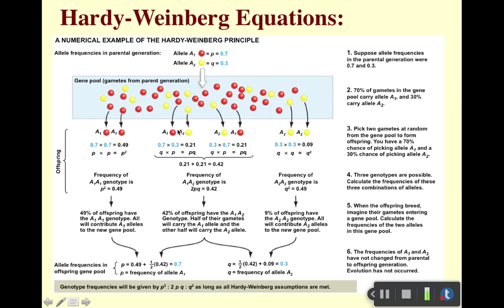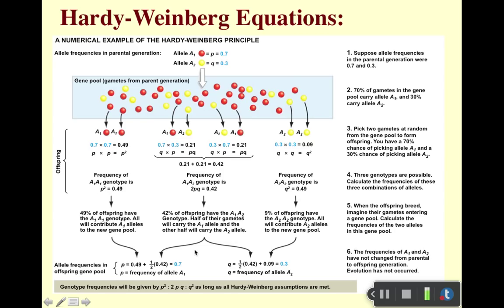Or having offspring that are red-yellow or yellow-red would essentially be 2 times 0.7 times 0.3, or 42%. Then we have this pool of offspring which would then mature, grow up, and they could have their own offspring.